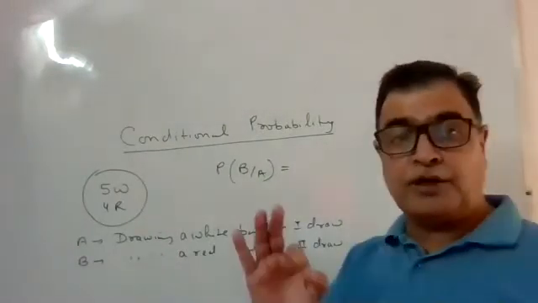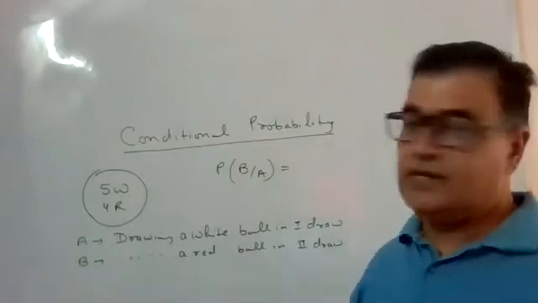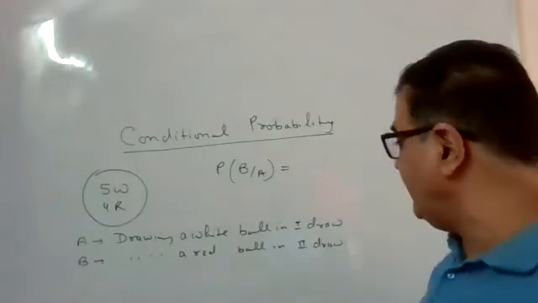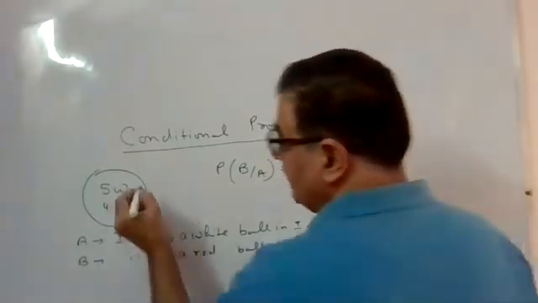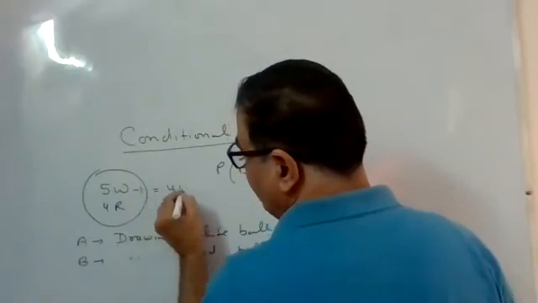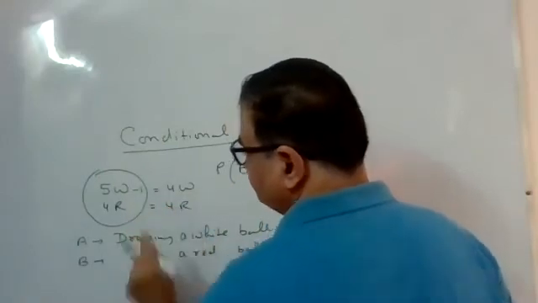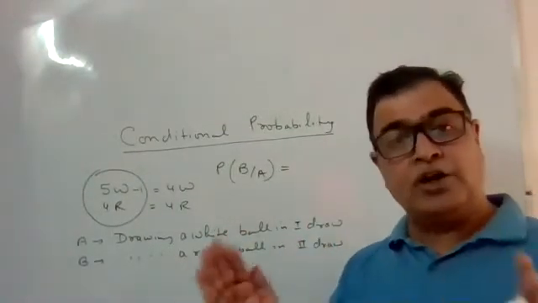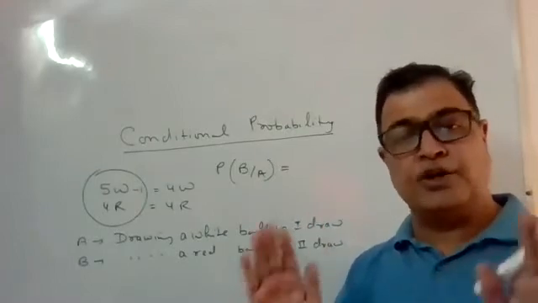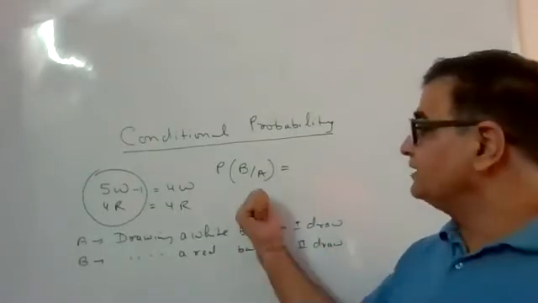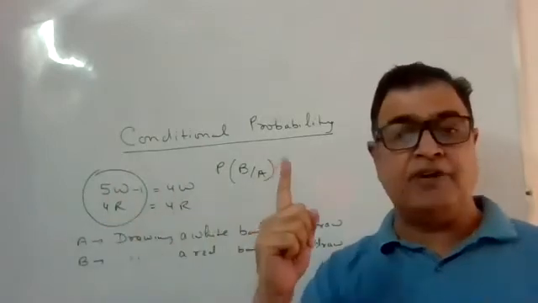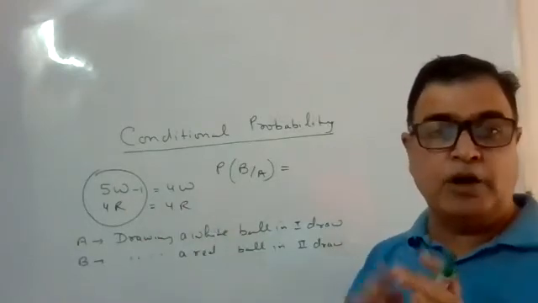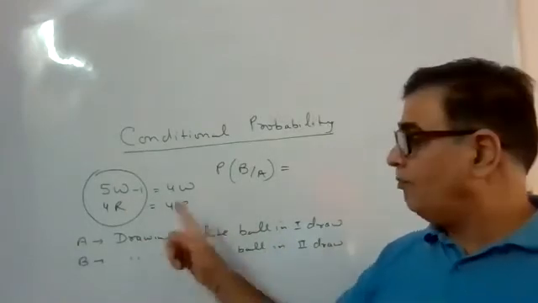So now one thing, what procedure has already happened? You have drawn one ball from the bag, and it is a white ball in the first draw. That means your bag now has 4 white and 4 red balls. This has had an effect, because event A has already happened. I told you event A has already happened. So if A has happened, it means one white ball is gone from the bag. That means now we have 4 white and 4 red, and now the second ball you draw must be a red ball.